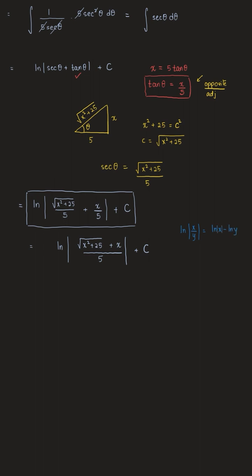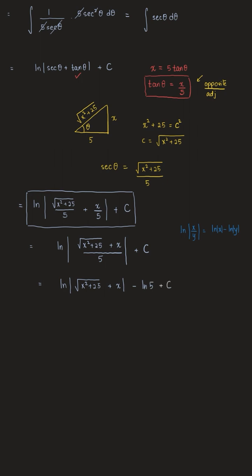Both of these in absolute value, of course. So I'm going to apply that here and rewrite this as the natural log of the absolute value of the square root of x squared plus 25 plus x, minus the natural log of 5. Here I don't need the absolute value because 5 is positive.